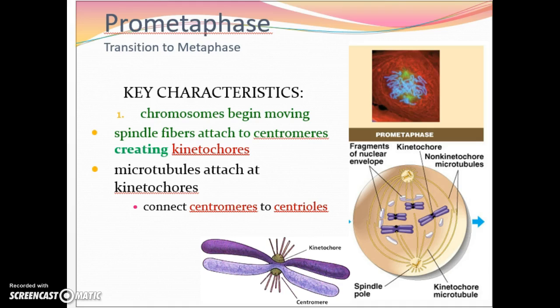So now the chromosomes, as they're attached to these microtubules at the kinetochore, that attachment actually begins the pulling apart of the sister chromatids because the chromosomes will begin to be pulled towards the two centrioles at the poles.